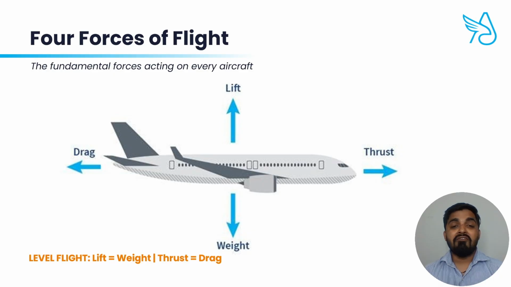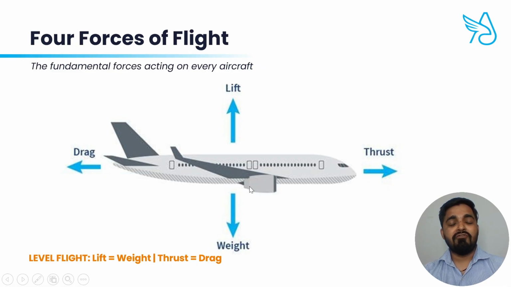Every aircraft, whether it is a fighter jet or a DJI drone, is constantly fighting and balancing the four forces. Let me explain this with a simple picture. Lift is the aerodynamic force that always acts upward, generated by the wings, and always fights with gravity.